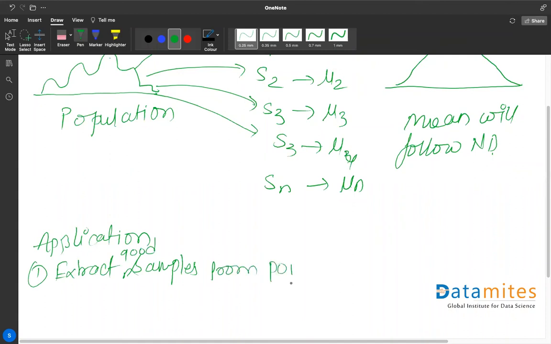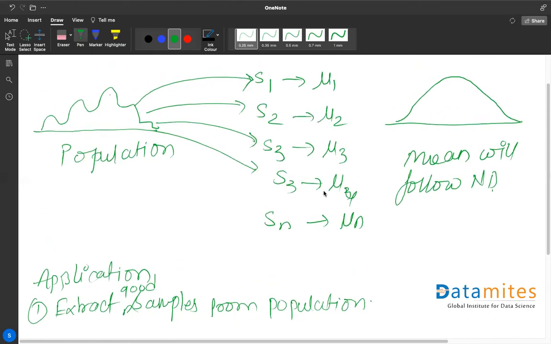Remember, whenever we do sampling, we try to bring the sample which is the best representation of the population. Let's assume we have taken some set of samples and drawn a distribution. If this does not follow a normal distribution, that means these samples are defective.